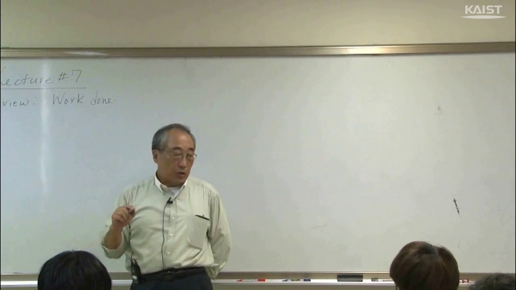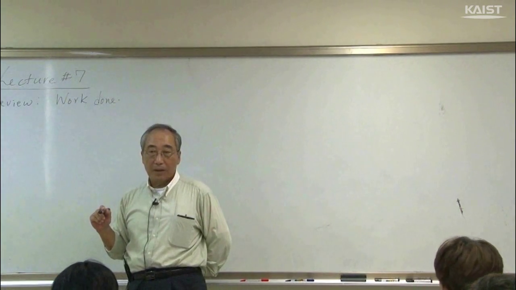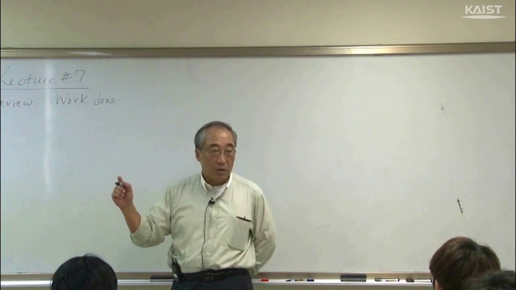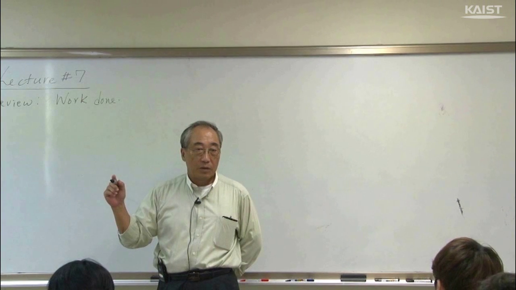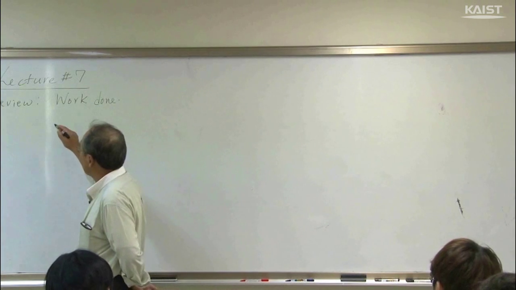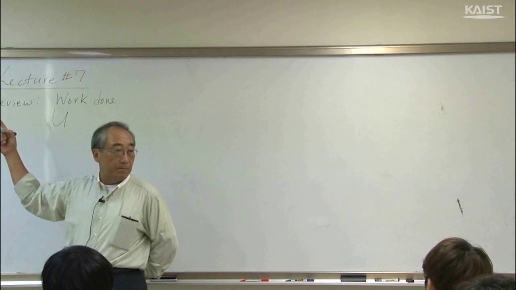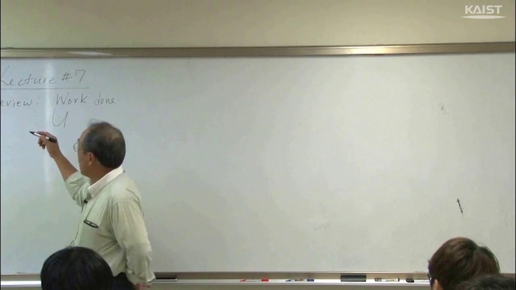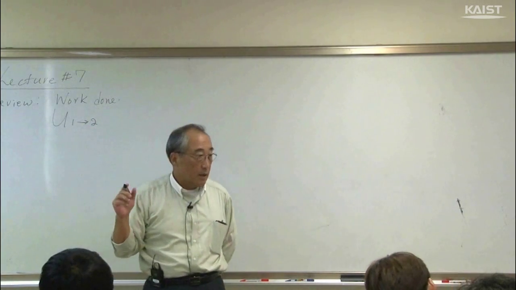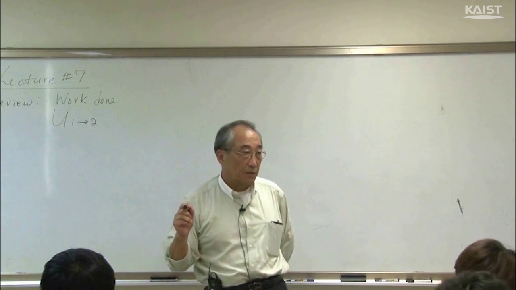Okay, the notation to express work done was, anybody can remember? The notation that expresses the work done. Was it W or U? U. And then subscript? Okay, 1, arrow 2, right? Arrow has a significant meaning, in fact.